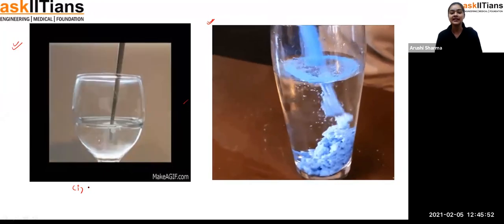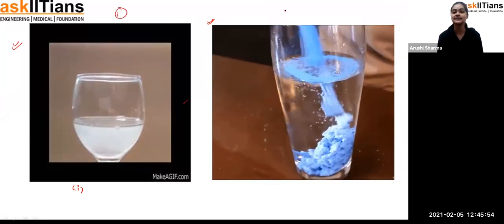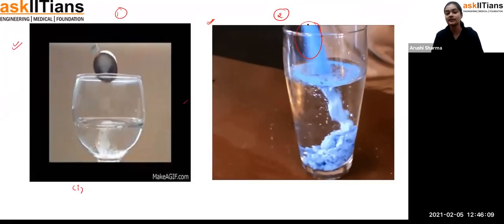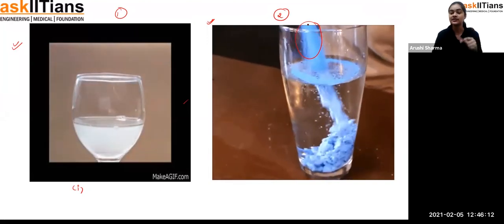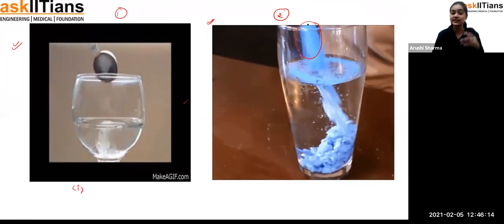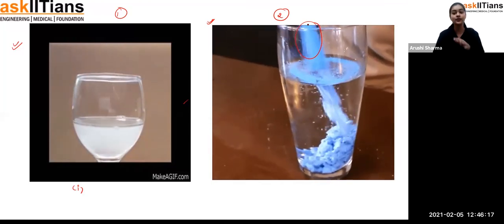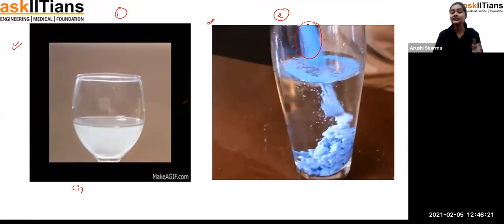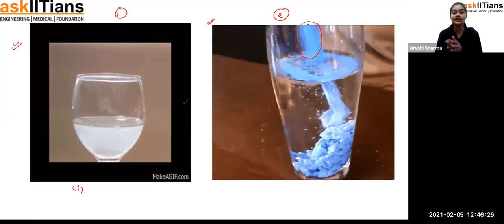But in the second one, what we are observing is that this blue substance, when the person adds it into the water, is not getting soluble. So in the first picture, the substance you add in the water dissolves completely and you will not find out what you have added into it.